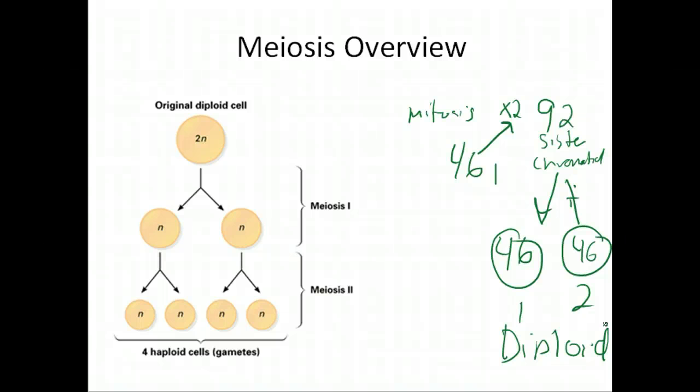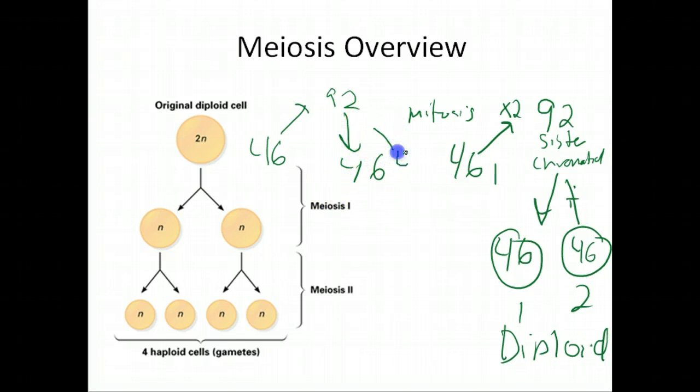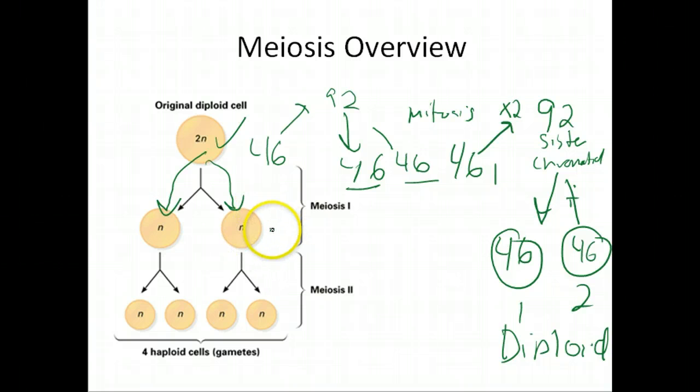It's a little different for meiosis. Meiosis, if you did the same thing, 46 to 92 down to 46, we haven't created any haploid cells. Remember, 46 for a human is still diploid. It's still 2N. And that's what this figure is showing here. If you start with a diploid cell and you duplicate DNA and you divide once, you're not getting technically down to that haploid state.